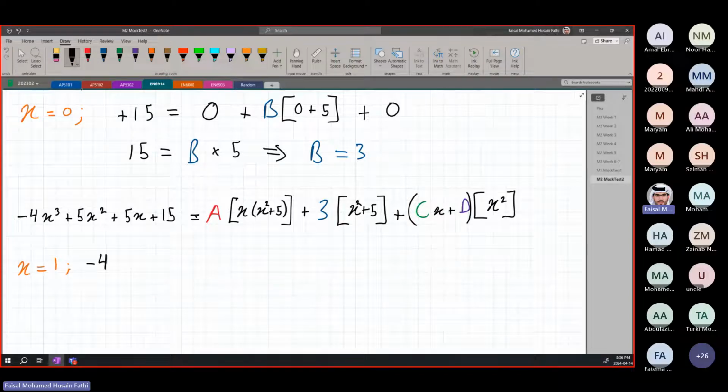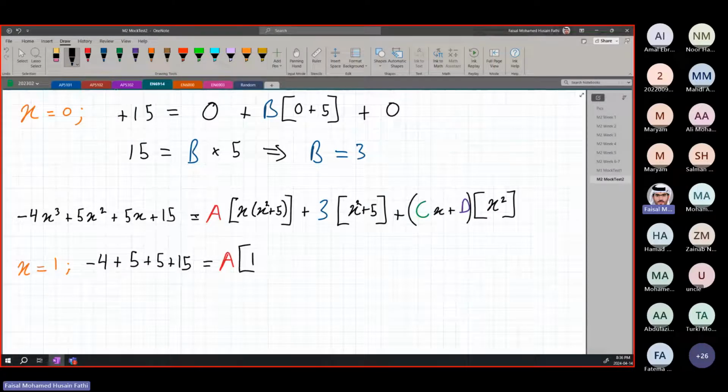This is going to be minus 4 plus 5 plus 5 plus 15. Then 1 to the power of anything is just 1. So negative 4 times 1 is negative 4. 5 times 1 is 5. 5 times 1 is 5 plus 15 is equal to a. Again, everything is just 1 inside.